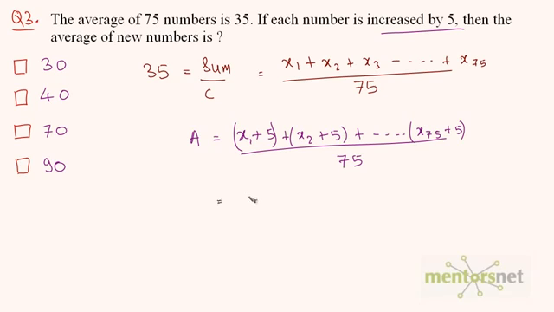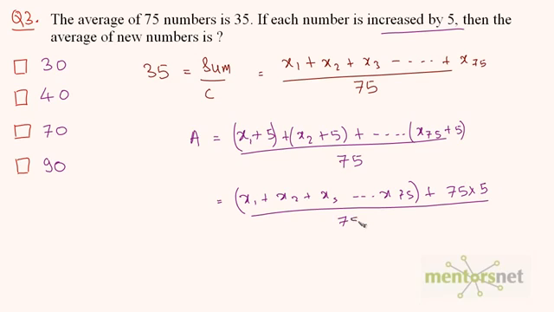We can write this as x1 plus x2 plus x3 till x75, plus 75 times 5, because there are 75 numbers and each number is increased by 5. This is the original sum. So this is sum plus 75 times 5 divided by 75.